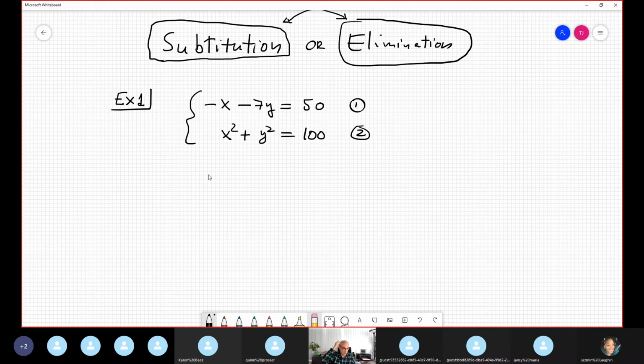Then I propose: when you see this, you take advantage of the linear equation. You take the linear equation first and solve for the variable that you consider is easier. In this case, the coefficient is 1 or -1. It's -1. So you solve for x here. Then you take the first equation.